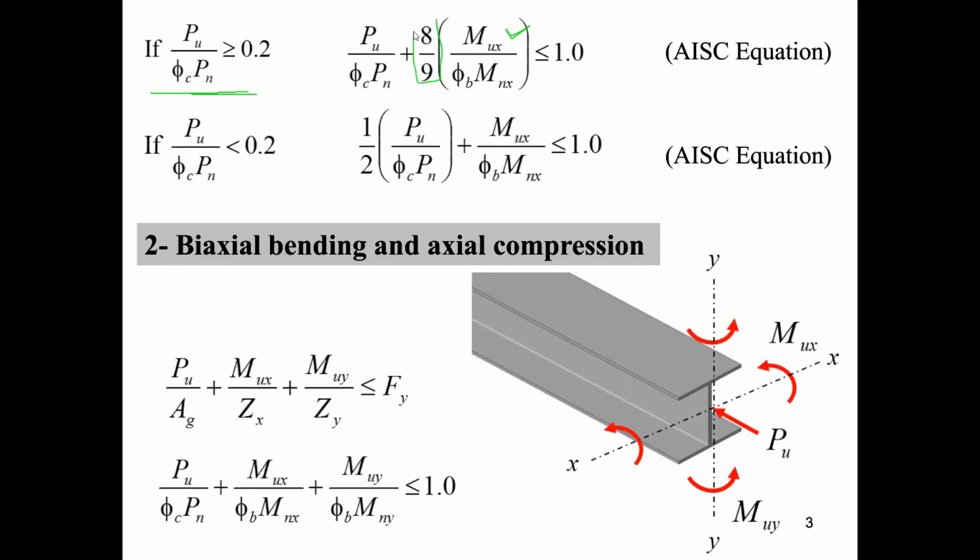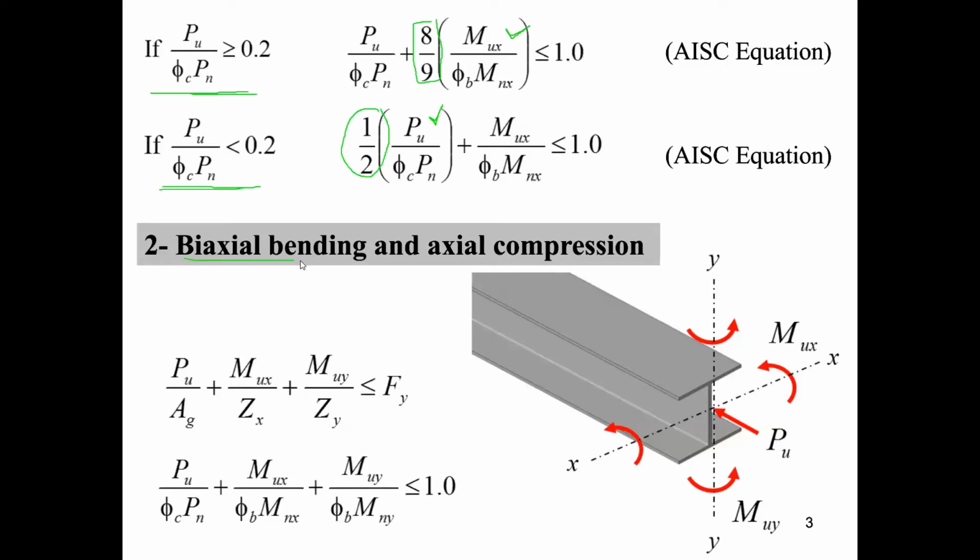Here, the bending moment term is reduced by 1/9. For small axial load, in other words, if Pu over phi C Pn is less than 0.2, the axial load term is significantly reduced. Here, the axial load term is reduced by 1/2.